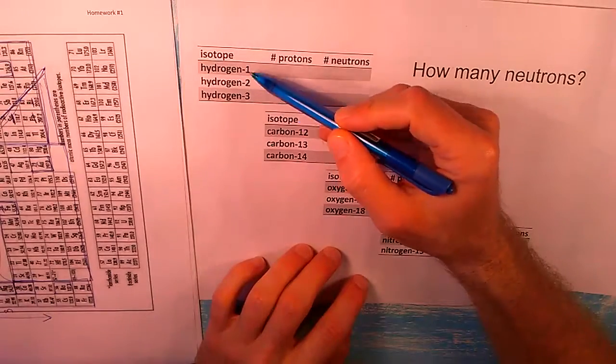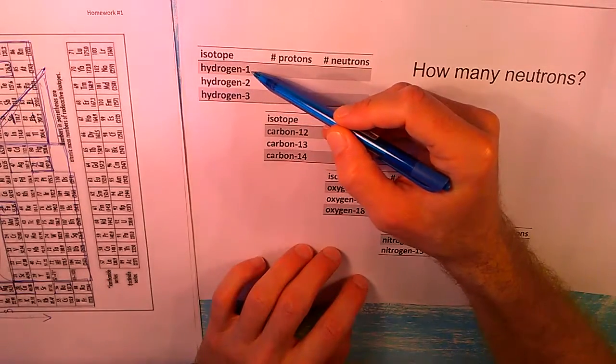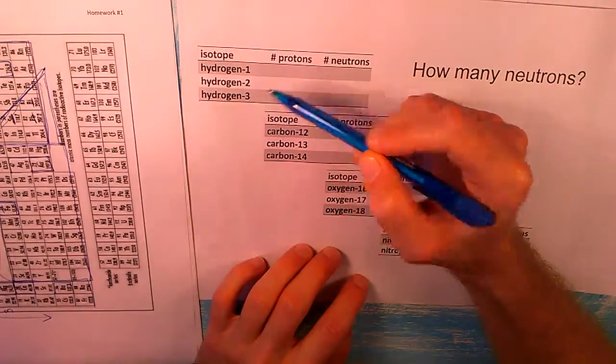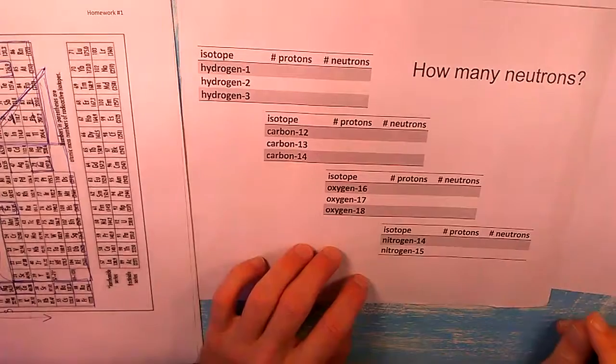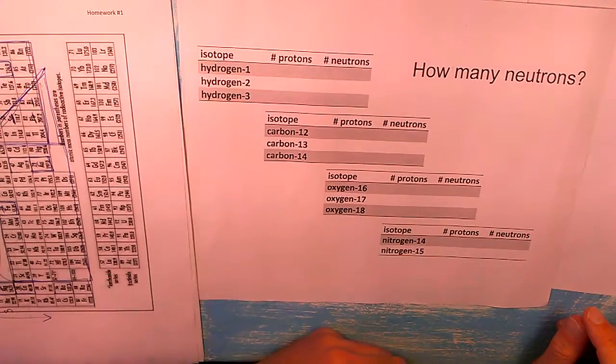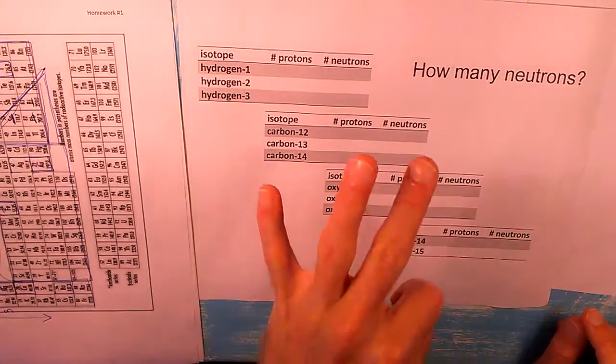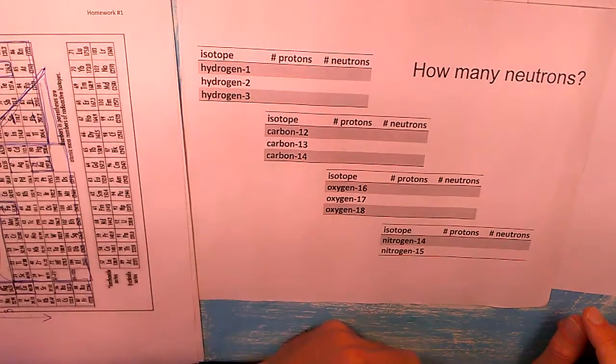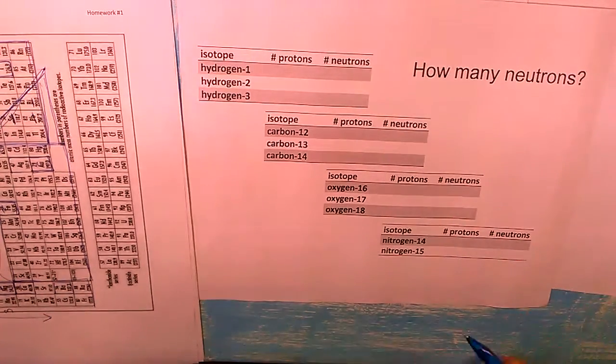So as we look at this first table, we've got hydrogen-1, we say hydrogen 1, hydrogen 2, and hydrogen 3. So not all hydrogen is created equal. It turns out there's at least three different flavors of hydrogen, you might think of them. Just like there's different flavors of vanilla ice cream.